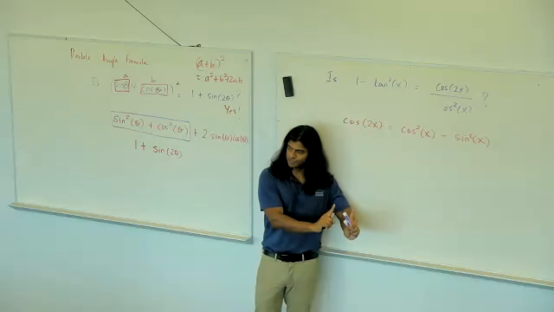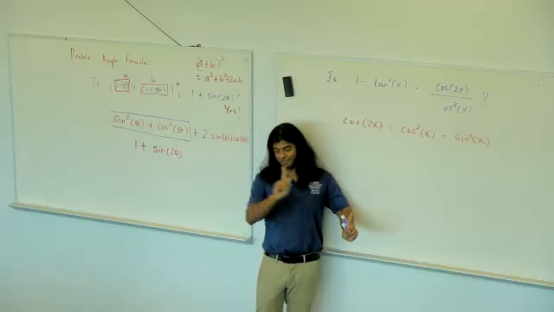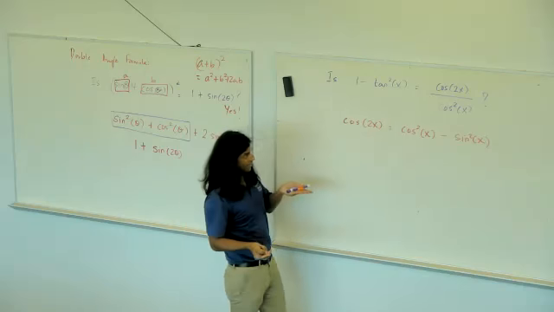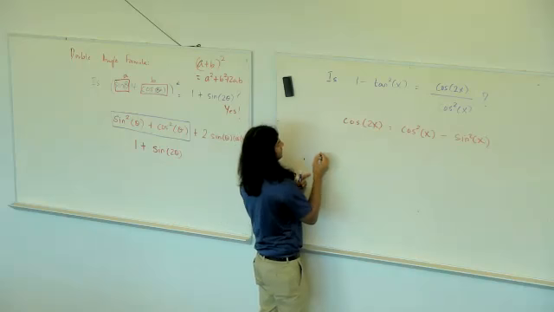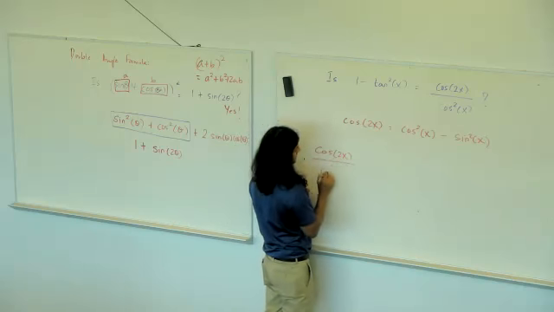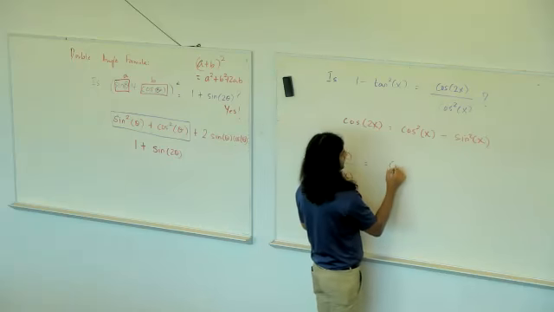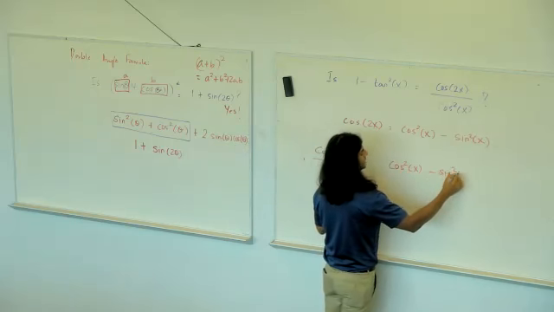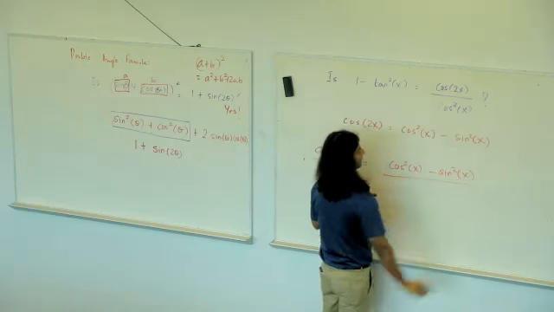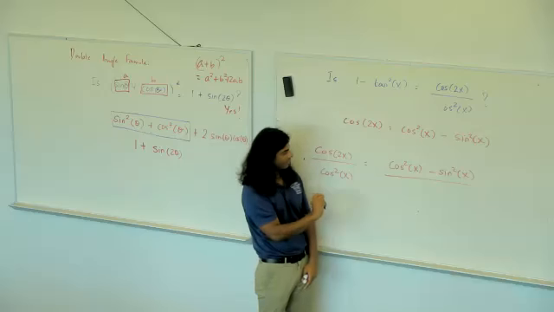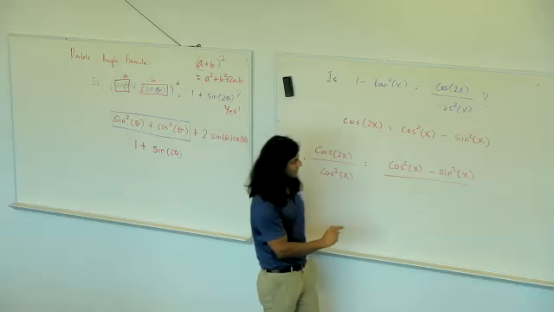I'm going to start from the right hand side, and if that matches up with the left hand side, then I'll have a correct statement. What is the right hand side? It's cosine 2x divided by cosine squared x. So cosine squared x minus sine squared x, replacing the numerator cosine 2x by that.